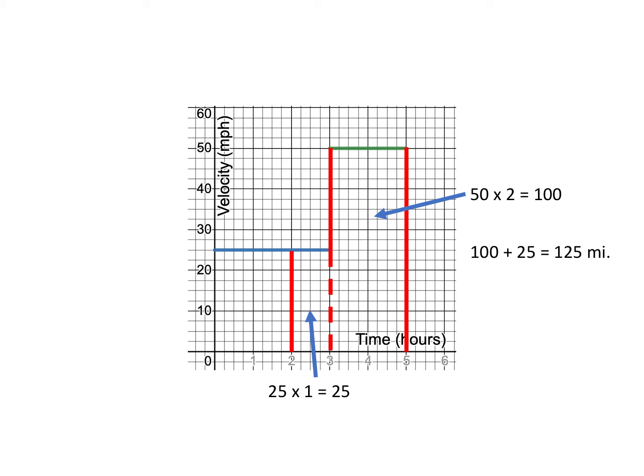So if I simply add up these two numbers, 100 and 25, I get the total distance that he's traveled between 2 o'clock and 5 o'clock is 125 miles. Okay? And we got that by using the graph and determining the area under the graph between these two times of 2 o'clock and 5 o'clock.